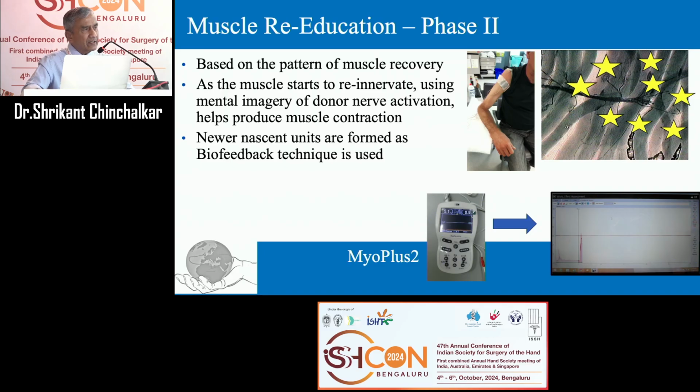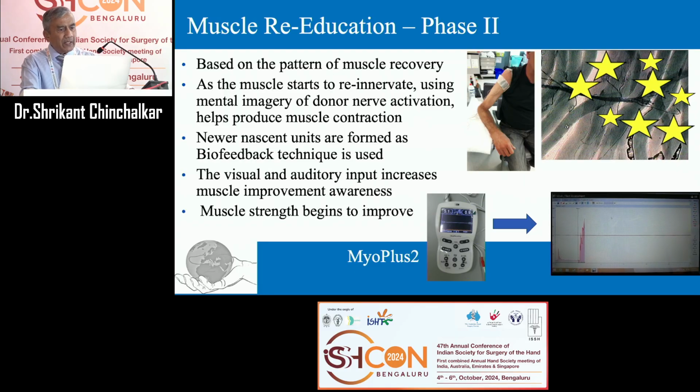So as the nascent units form, we train them extensively to show how this device can be used. And with repeated muscular contraction, patients learn to produce muscular contraction and the muscle gradually starts to improve.